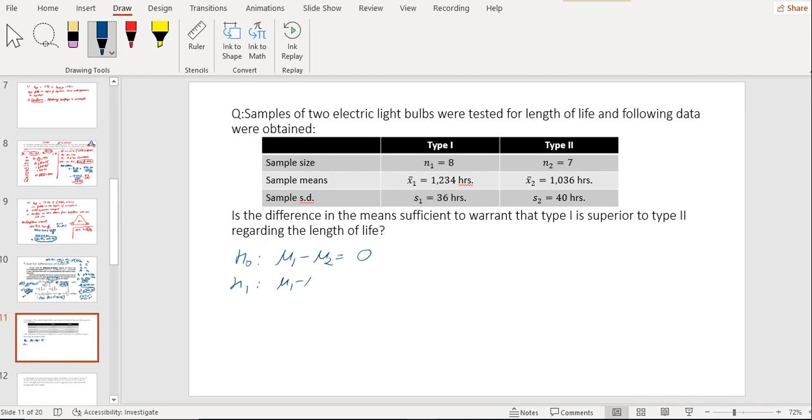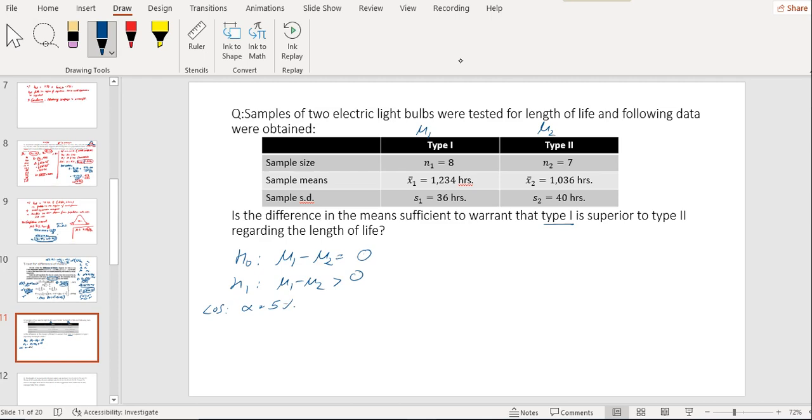If I say type 1's population mean is mu1 and type 2's population mean is mu2, then mu1 should be greater than mu2, meaning their difference is greater than 0, meaning there is a significant difference in their population means. Now, the level of significance, we are assuming alpha equal to 5%.